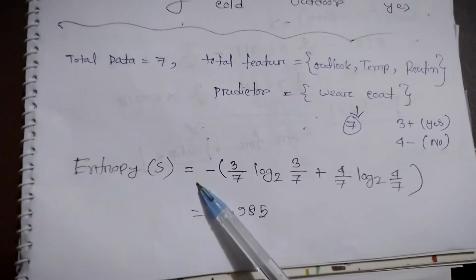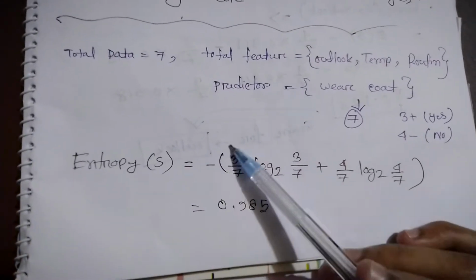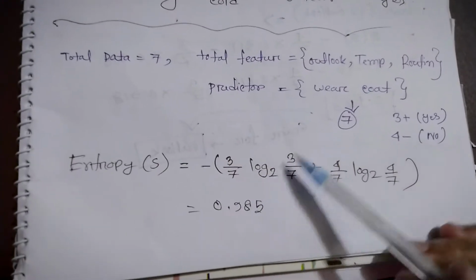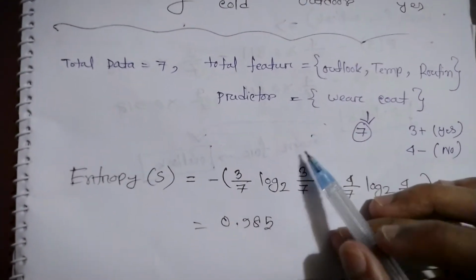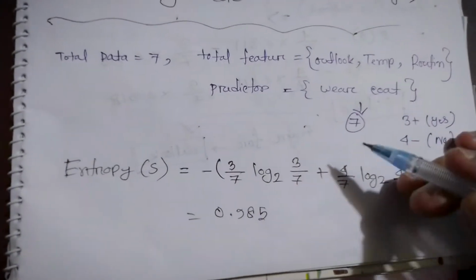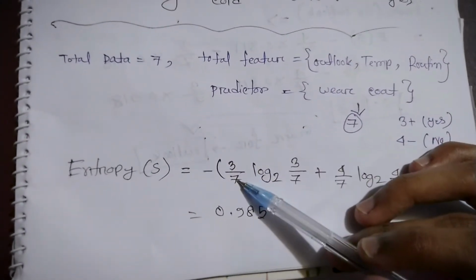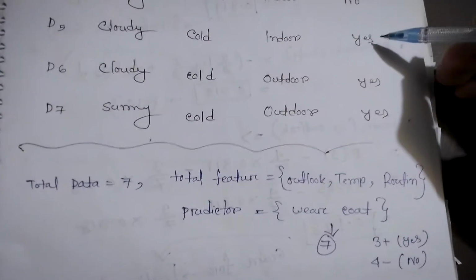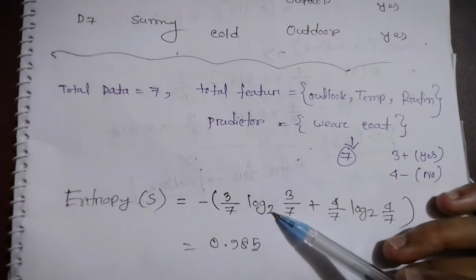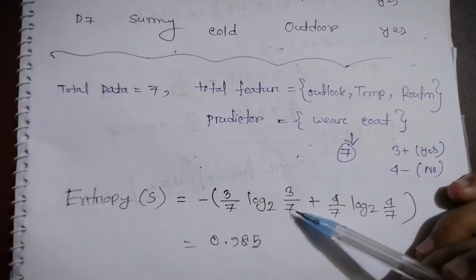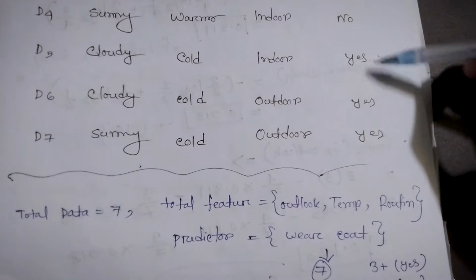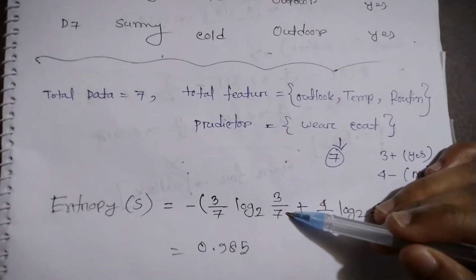So let's find the entropy of the total data set first, which is minus 3 by 7 log 2 3 by 7. This is the yes part of our probability, minus pi log 2 of pi. There are 3 yes out of 7, so that's why it is 3 by 7. Log 2 is our formula, and 3 by 7 is the total 3 yes divided by the total outcome, 7.